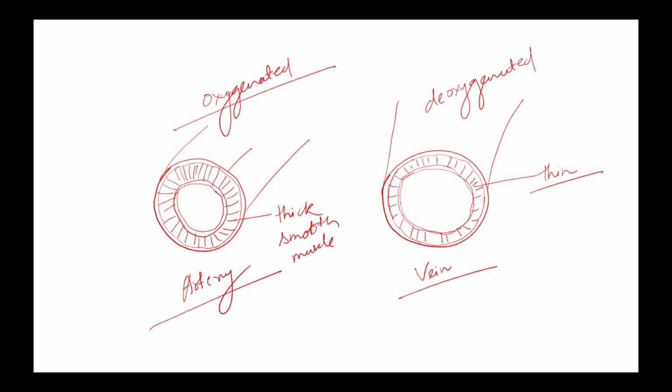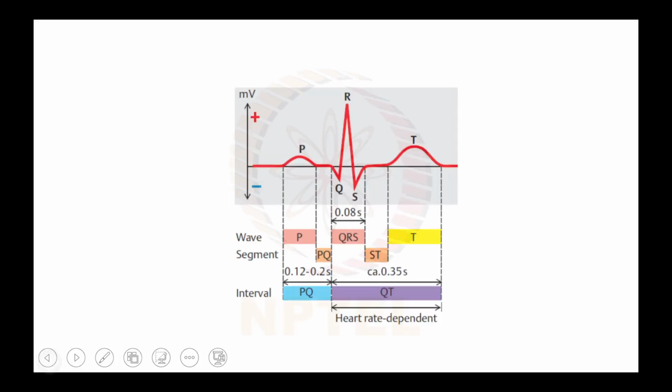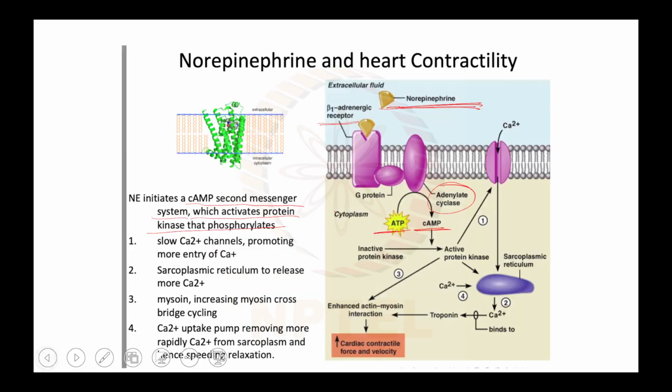Here the walls of the arteries are thick because they have to carry blood under a lot of pressure. Before, when we talked about blood pressure throughout the body, from the heart to the lungs, back to the heart, and then again to the body in the entire circulation, we saw that the heart pumps the blood.